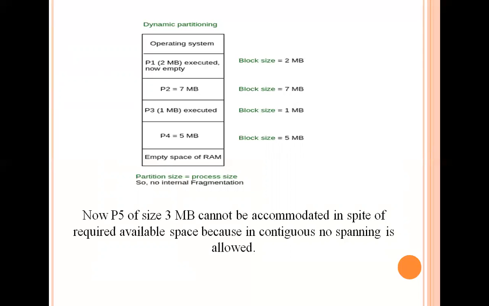So we have concluded that fixed size partitioning suffers from internal fragmentation and variable size partitioning suffers from external fragmentation. And what is fragmentation? When we have memory space available but we cannot allocate it to any process because it is not in continuous order.